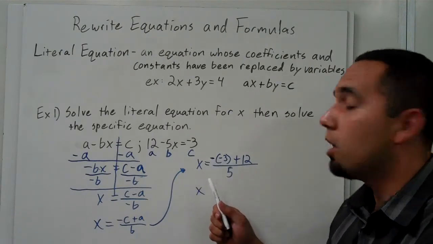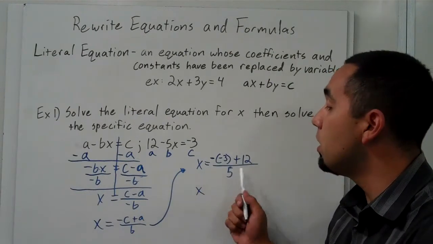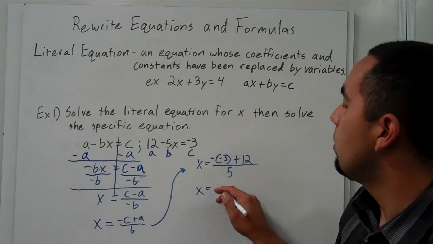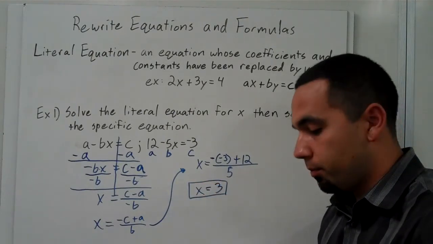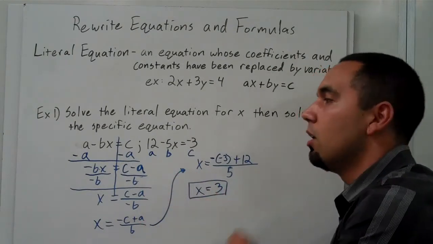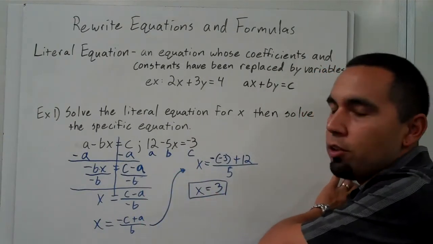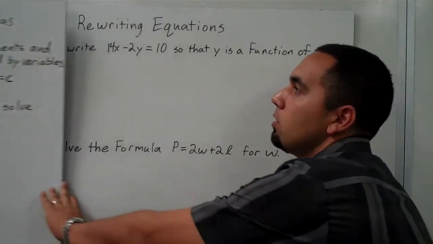Negative times a negative is a positive, so really I have 3 plus 12. Well, that's 15. 15 divided by 5, well, that is 3. So x equals 3. I know that, like I said, that's going to seem kind of weird. You're doing things backwards. But when you do algebra, it's pretty much what you do. You learn something forward, and then you learn it again backwards.